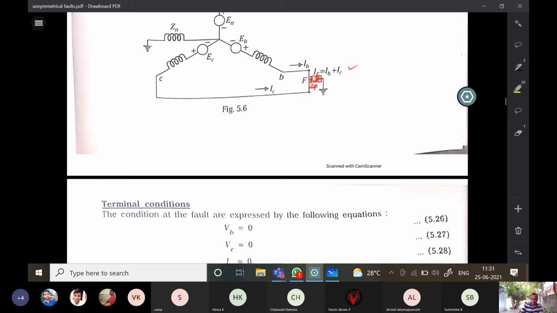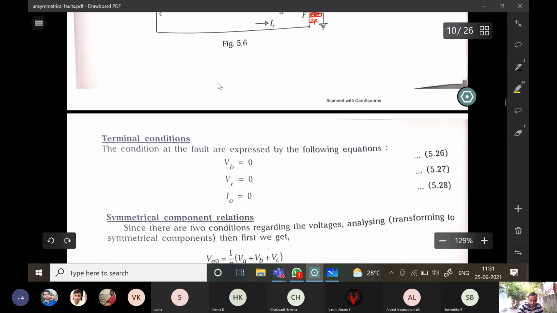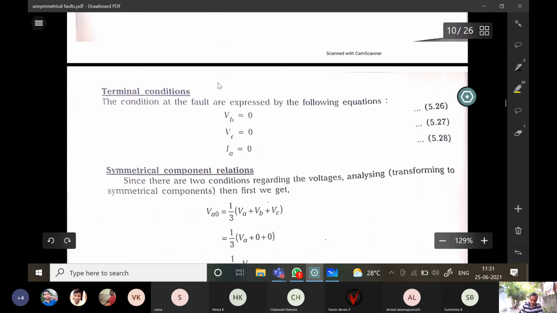So what happened to the terminal conditions? We need to write the terminal conditions here. IA is equal to 0 as it is, and VB is equal to (IB plus IC) multiplied by ZF.